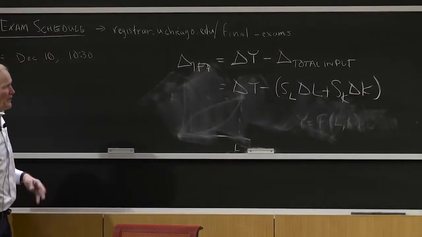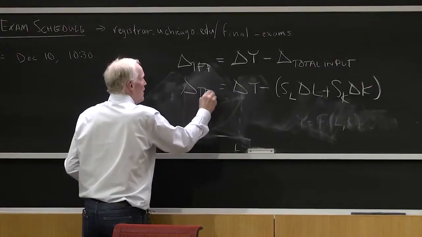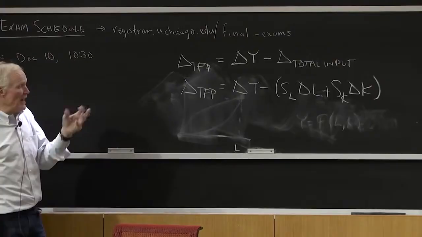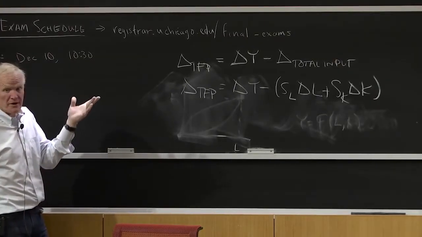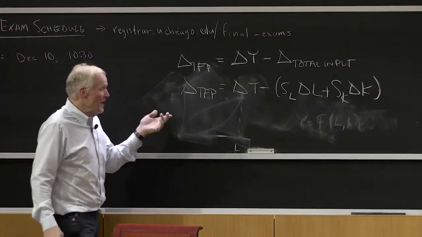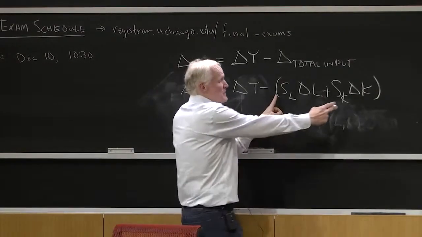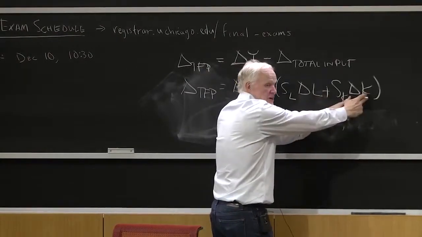Now, how can we motivate that? Well, if we go back to our motivation, remember we had that CRS model. In fact, this equation doesn't even depend on CRS. But when we had that CRS model, we said, look, this is the predicted increase in output based on the change in labor and the change in capital, right?